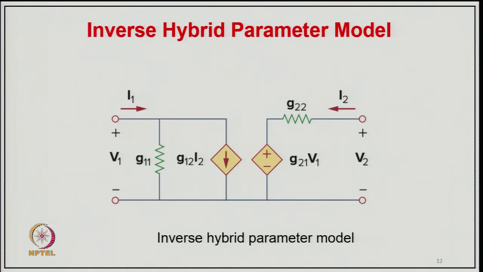On the output side we have V2 and I2 flowing into the port, and G22 is again the resistance or conductance, and then we have a dependent voltage source G21 into V1, which is virtually a voltage source dependent on the input port. So, this is the inverse hybrid model. We have a hybrid model, and G is just the inverse of H.